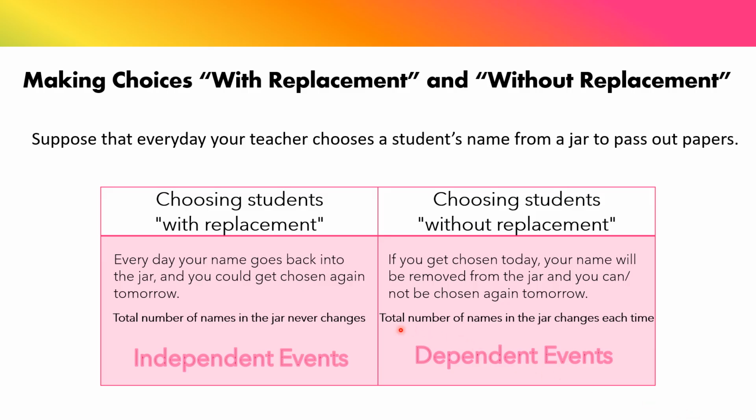So if your total is changing every time you make a choice, then that's a dependent event. If you're doing it with replacement and you're putting that name back into the jar, or that coin, or that marble, whatever it is, and the total number of items is never changing, then that's an independent event.